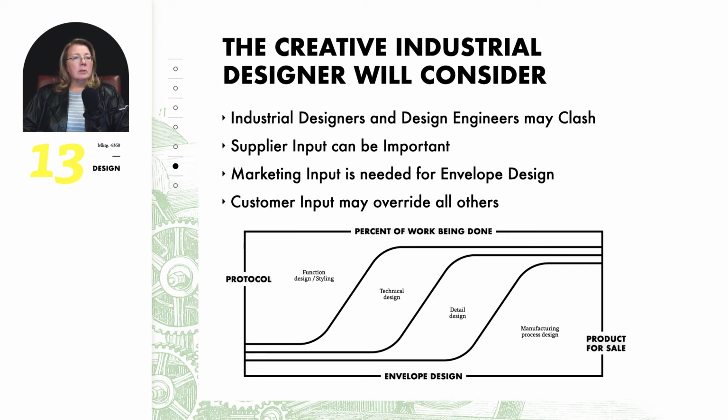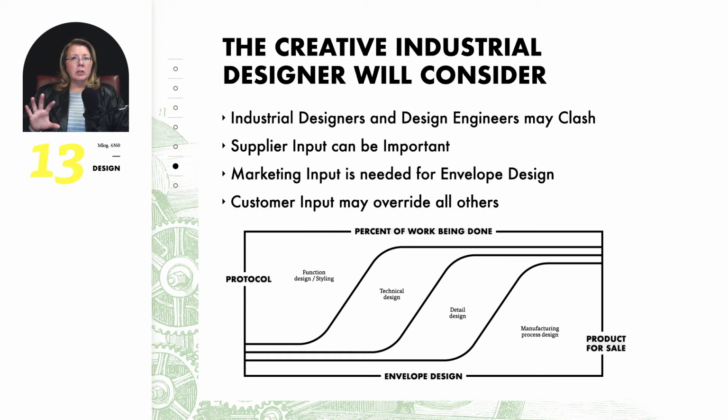And so there's a lot of players in this process, and there are some strong personalities involved, and so you'll see some friction in the process between especially the industrial designer, who is more intent on putting form to the product to make sure it functions right, and the design engineer, who's looking more at the aesthetics, or the way the product looks and feels.